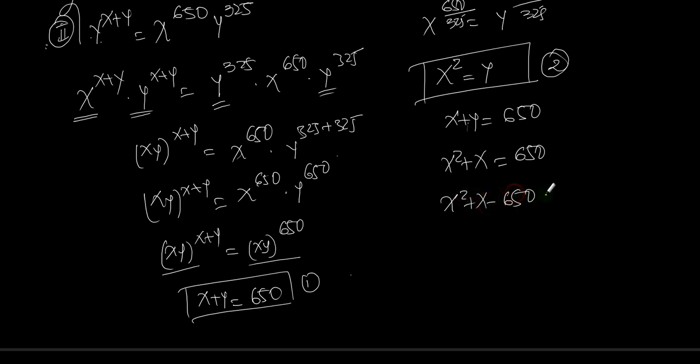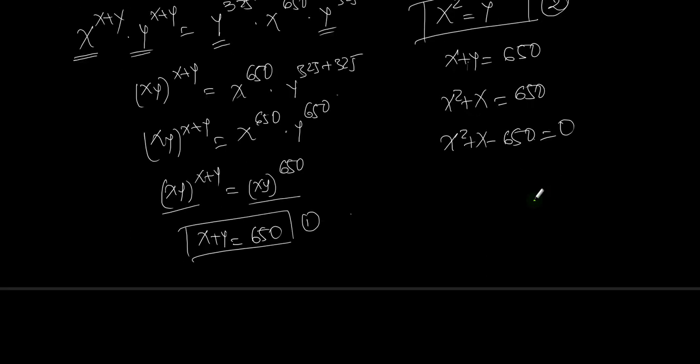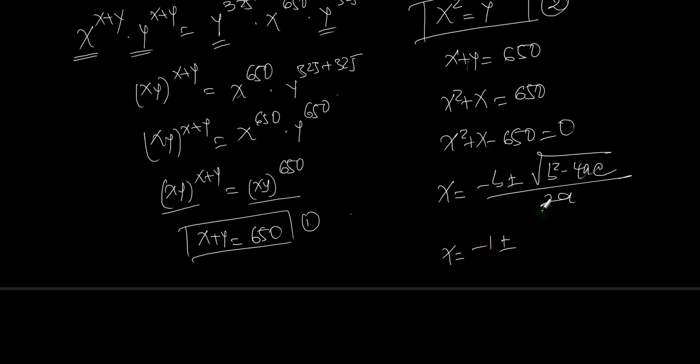Our x is going to be minus b plus or minus the square root of b squared minus 4ac, over 2a. B is 1, so we have minus 1 plus or minus the square root of b squared, which is 1, minus 4ac, which is minus 4 times minus 650, and this is divided by 2 because a is 1.